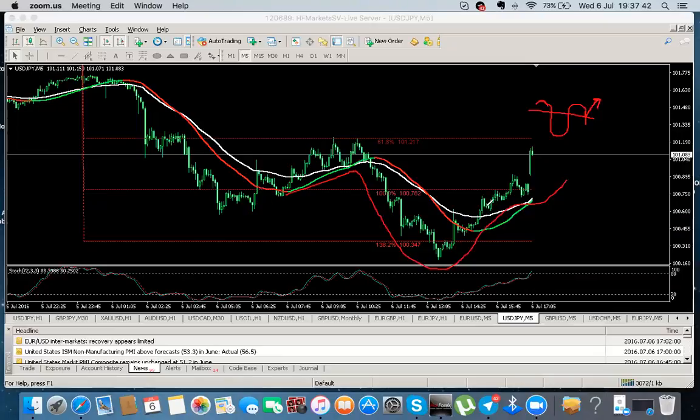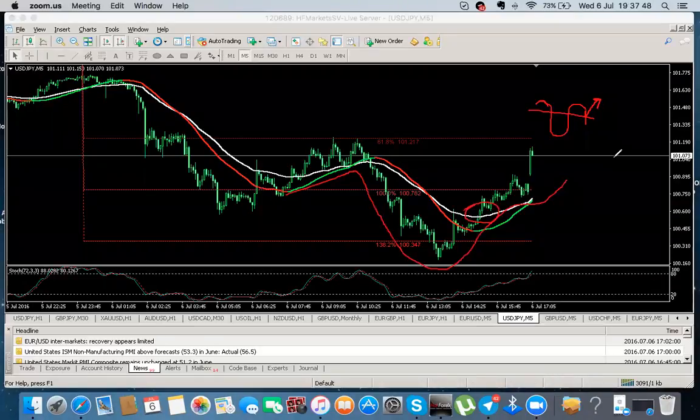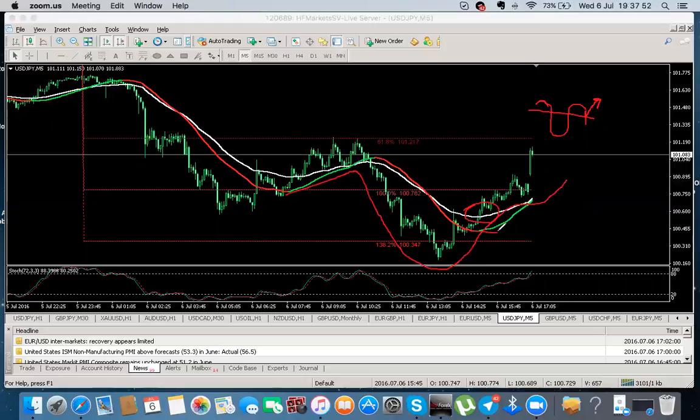I sent the signal somewhere here for buy, and I'm already 45 pips in profit. My entry was here.